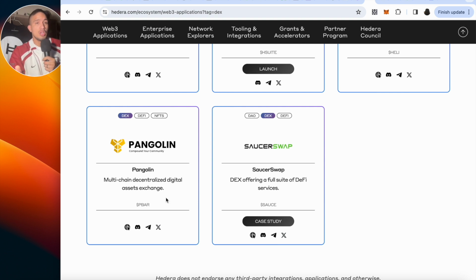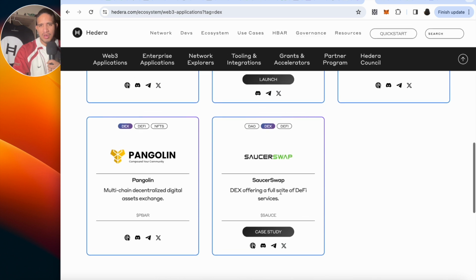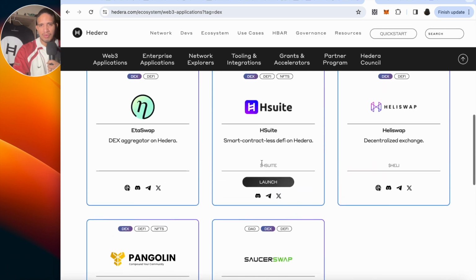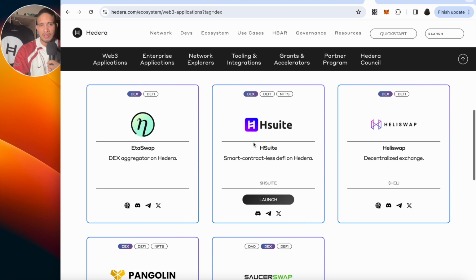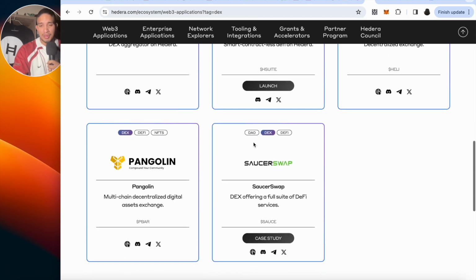So you can see it has multi-chain, so for example, Avalanche and a lot of other chains that it connects. SaucerSwap, it's only in Hedera, and now it's integrating MetaMask. And it says DEX offering a full suite of DeFi services. I don't know why it has that definition on there, because the one that has a full suite of DeFi services is actually HSUITE, but okay.